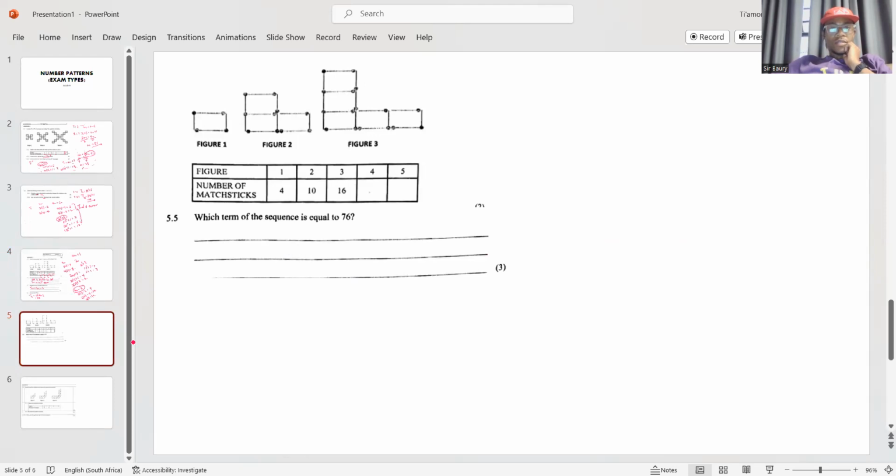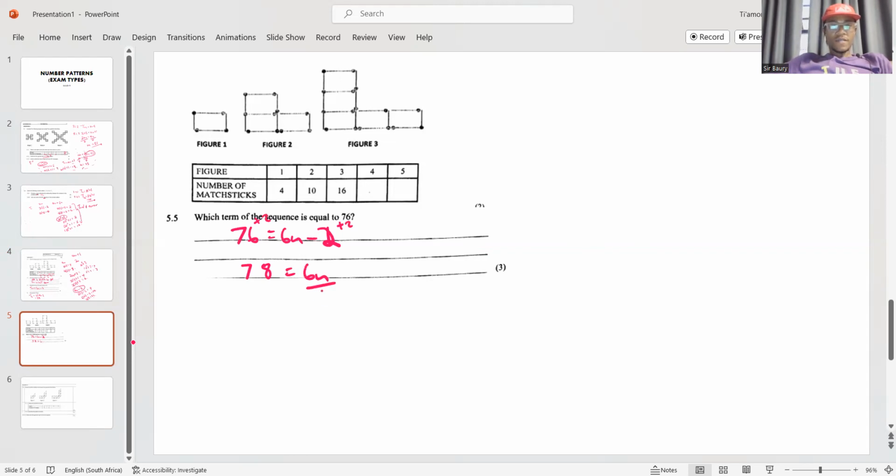Get into which term is equal to 76. 76 is the term, then I say 6n minus 2, so I have 76 equals 6n minus 2. Sorry, then 74 equal to 6n. Not 74, 78, because it changes the sign. This is plus 2 to eliminate it.